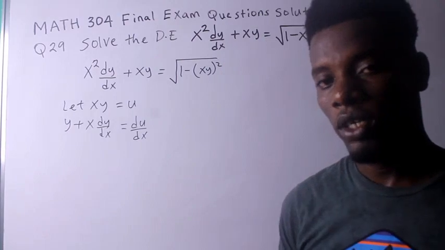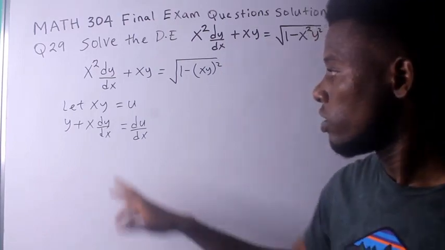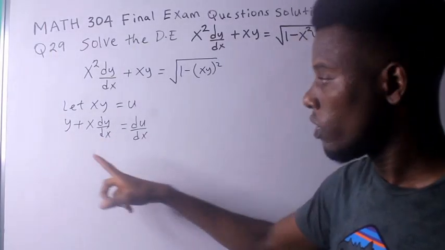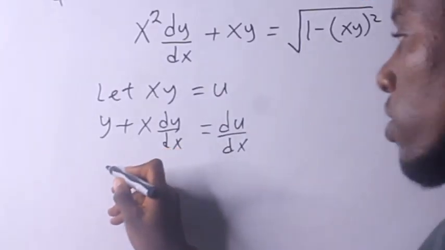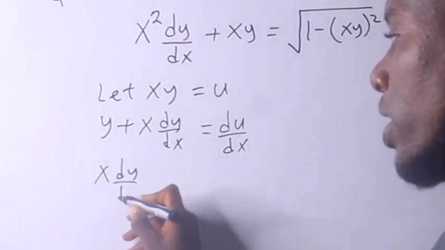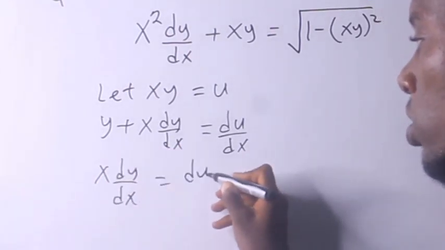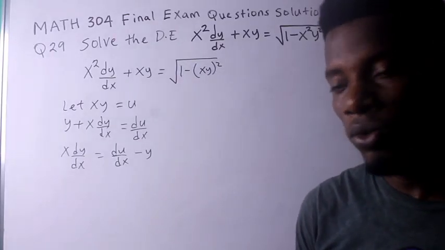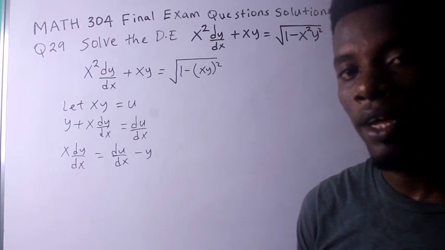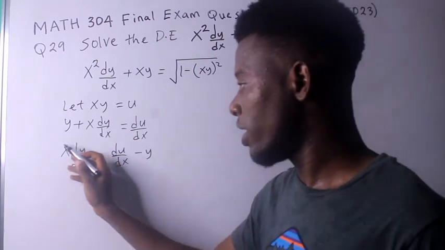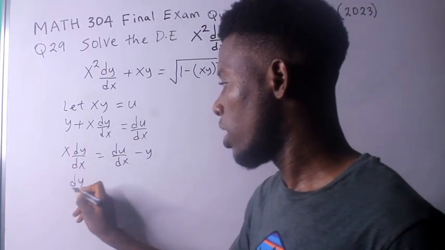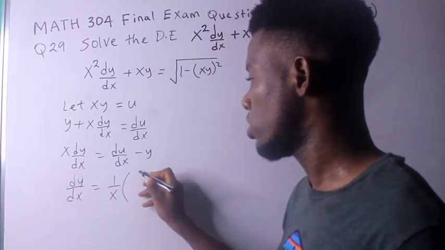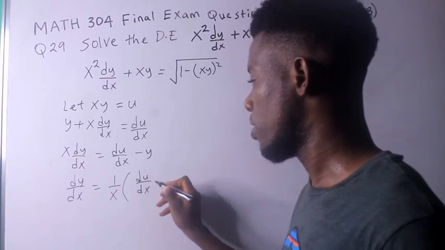The next thing to do is to solve for dy by dx in this equation. So I send y across. I will have x dy by dx equals du by dx minus y. Then I divide each side by x. So I will have dy over dx equals 1 over x, parenthesis open, du over dx minus y.